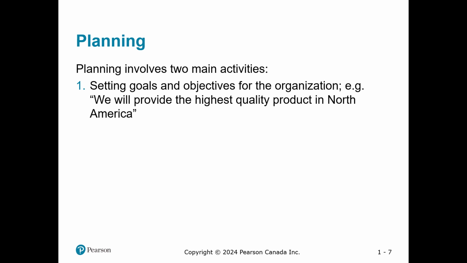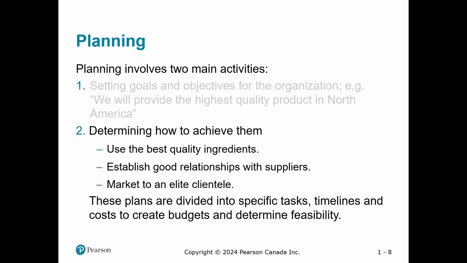So what is planning? It's 2 things. First, we're going to set goals and objectives for the whole company. So we're going to start a restaurant, and we want the restaurant to provide the finest fresh food that is obtained locally. That's our overall objective and goal in this organization. Once we have that goal or objective, we can move on to determining exactly how we are going to achieve those goals. So we're going to develop relationships with local suppliers.